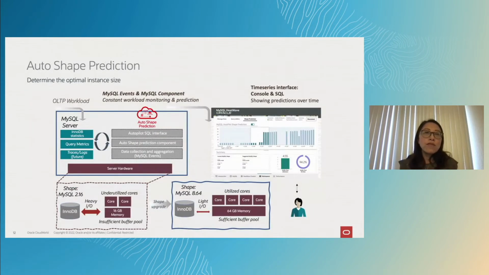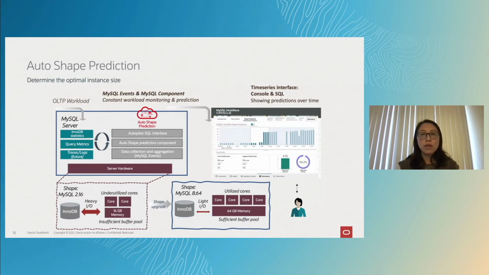The next Autopilot feature we are introducing is auto shape prediction. In OLTP, it usually takes a lot of time or experience for a DBA to find out exactly how big of an instance is needed to satisfy the workload and provide the best performance.